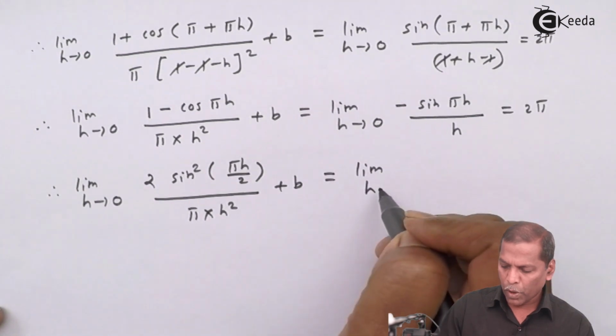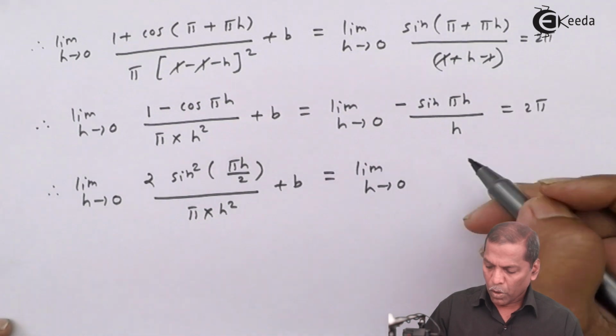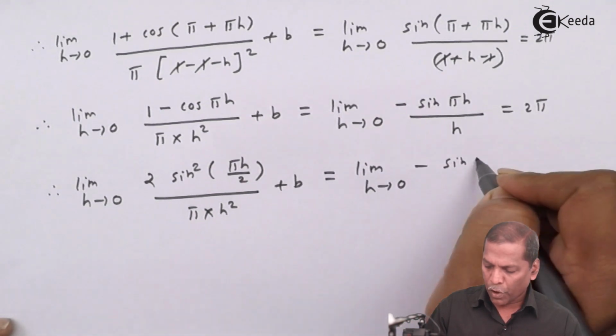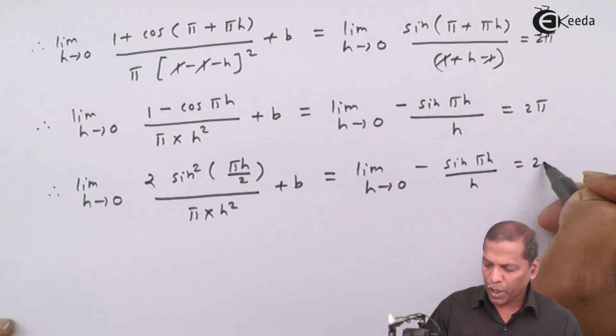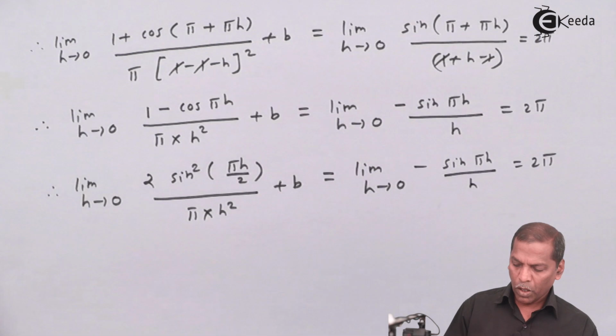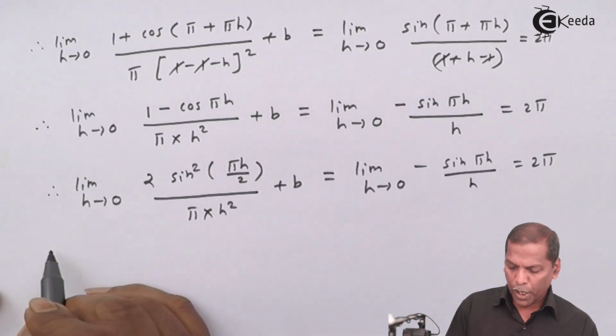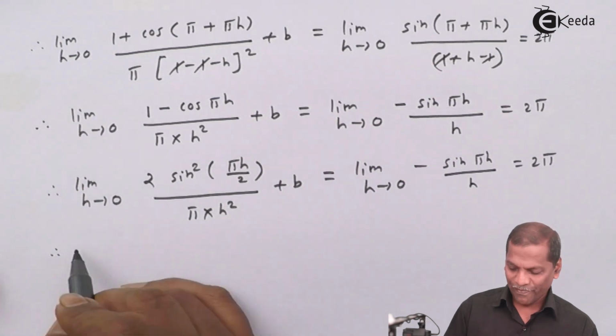That equals limit h tends to 0. We write minus sine of pi h, whole thing divided by h, is equal to 2 pi as it is. Now here 2 is a constant term, so we take it outside the limit.